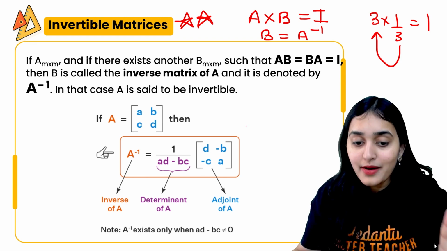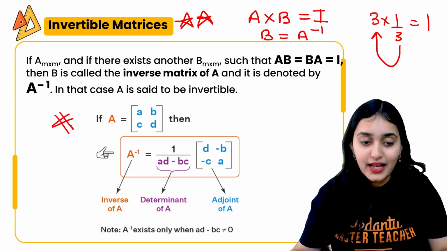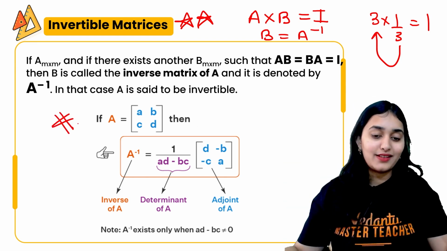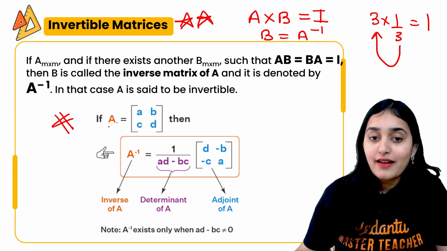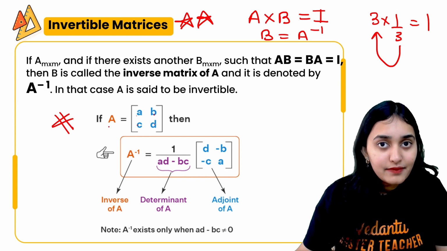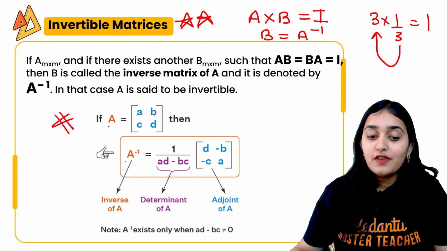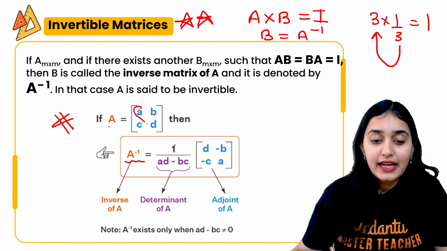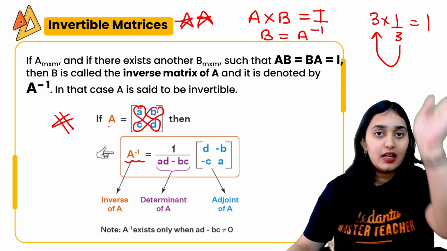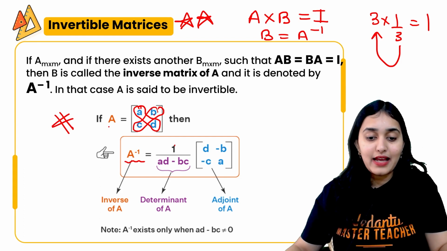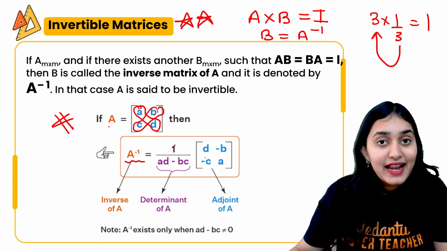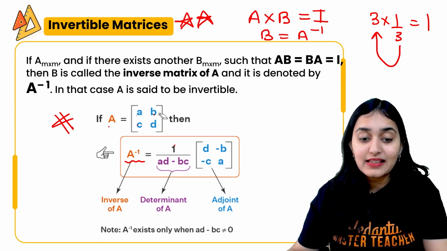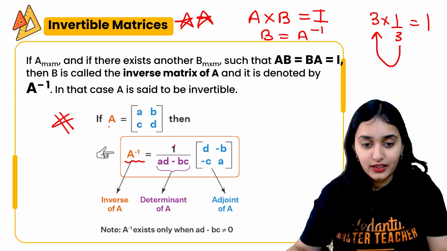Now remember this super important formula. It is used in a lot of questions. If there is a matrix A, B, C, D, then the inverse of the matrix will be 1 upon A into D minus B into C. Okay, this diagonal minus this diagonal, 1 upon. And what happens here, please note it very, very carefully.